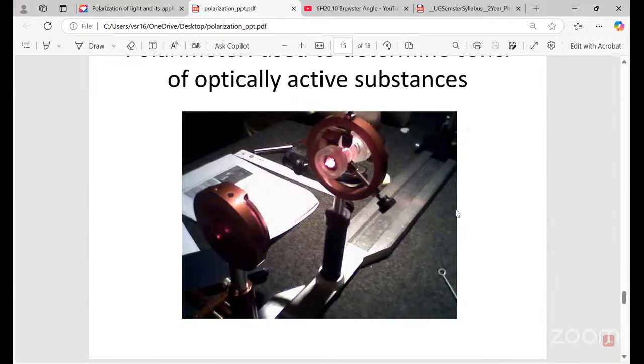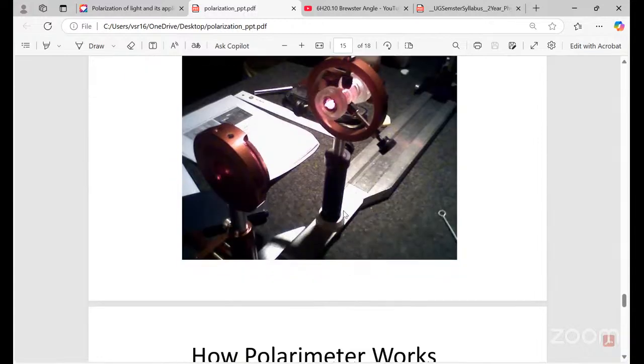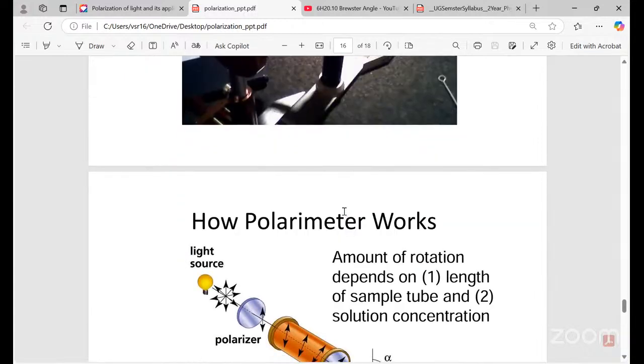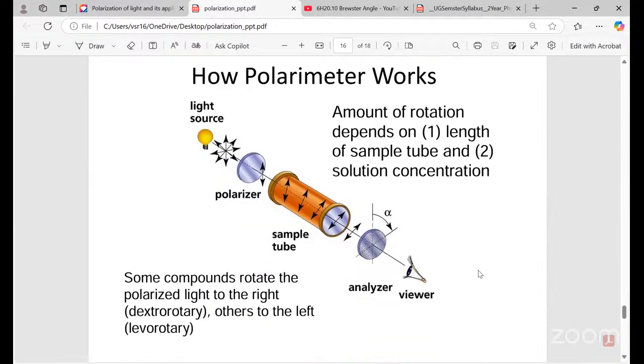Optically active substances. So this is the polarimeter. So how does the polarimeter work here?